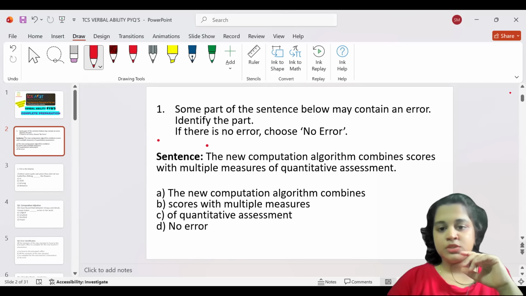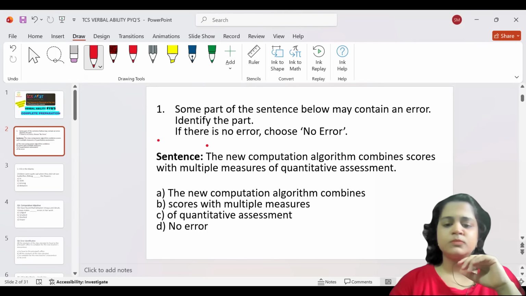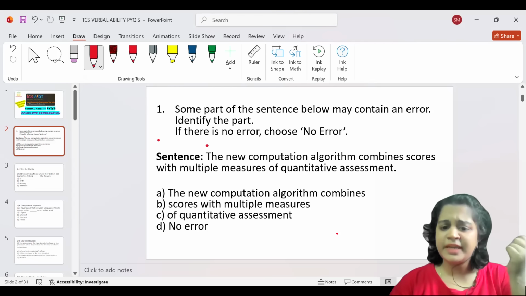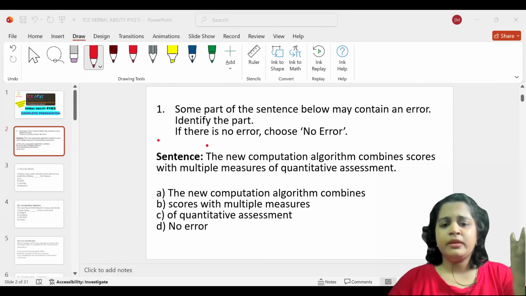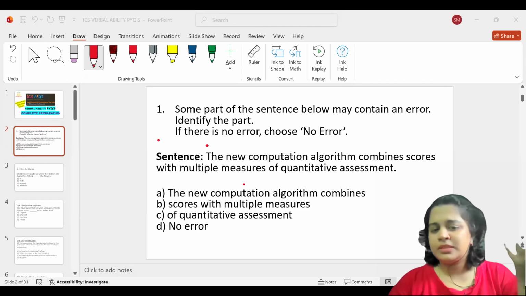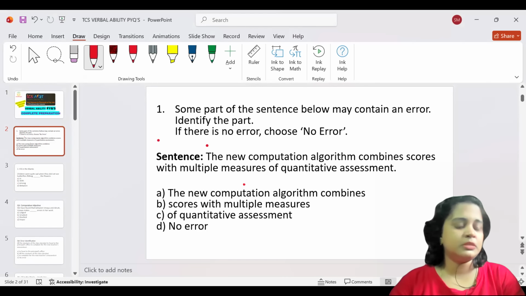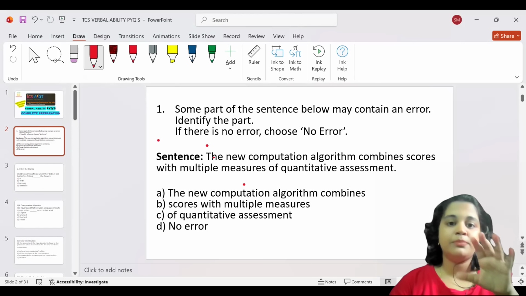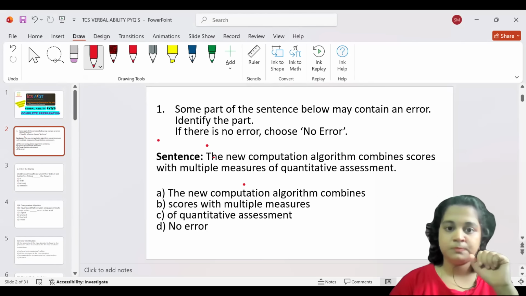The new computation algorithm combines scores with multiple measures of quantitative assessment. So how do we identify errors? How quickly can I know where the error in the sentence is? Anytime you look at a sentence, please follow the subject-verb agreement because that will help you identify where the error is.